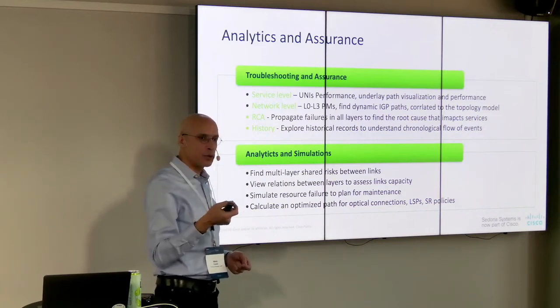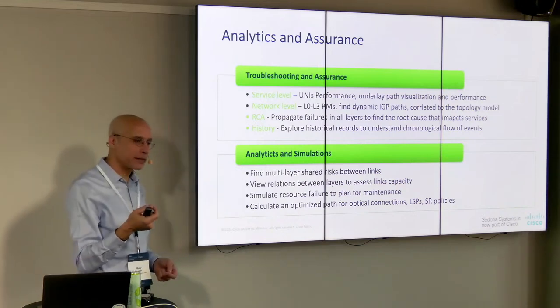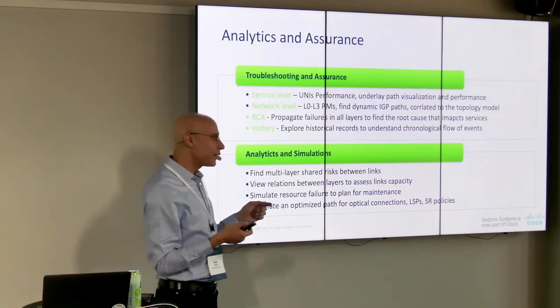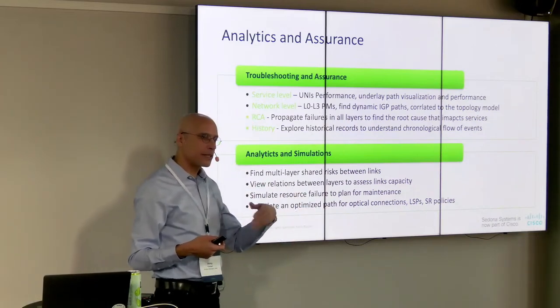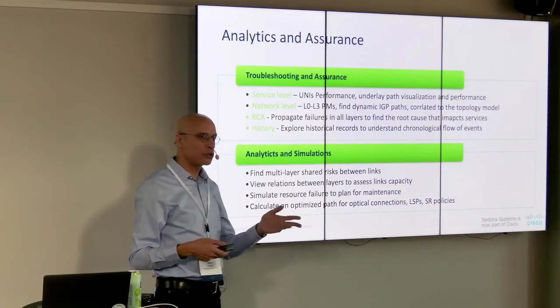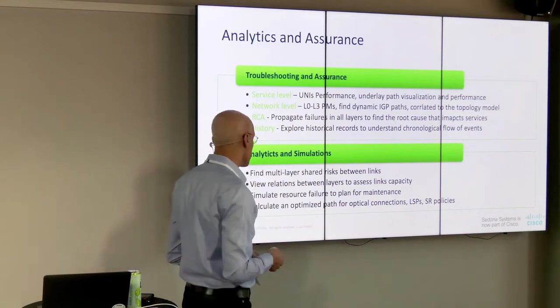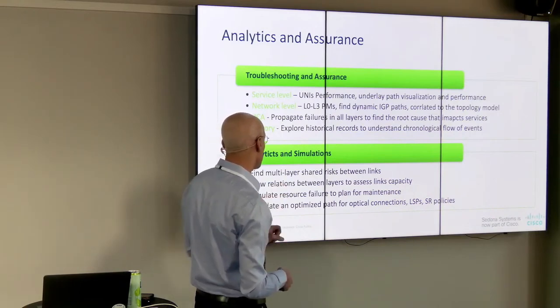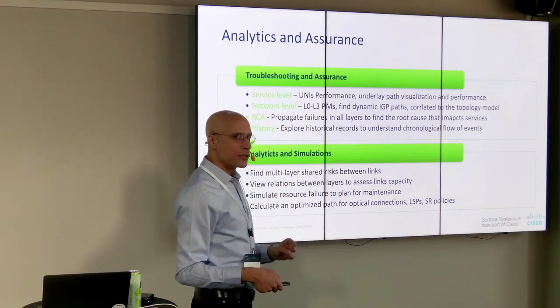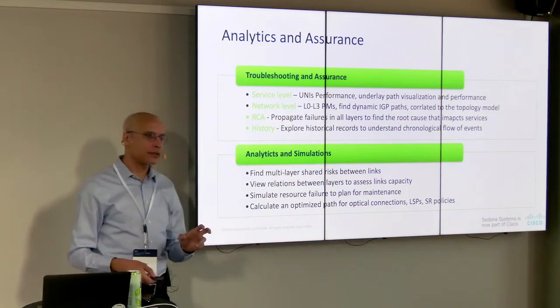So it's a single point of failure that we can detect. And you can not only go to the application and ask those questions, there is a process that continuously collects this information and is able to report to you when there are some such risks. In addition, we show you also the relation between layers to assess the link capacity, which is a question many operators cannot really answer.